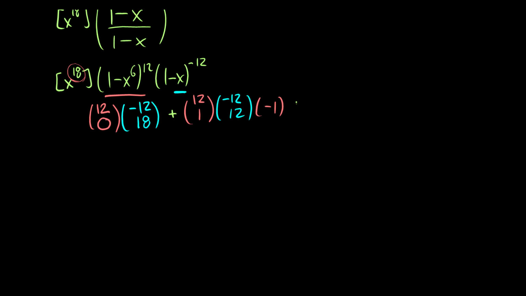Let's add the next part. Suppose I choose 2 x6's. So 12 choose 2 of those. Okay. So I have x to the 12 now. So I have to choose 6 more of the x1's. So it'll be negative 12, choose 6.